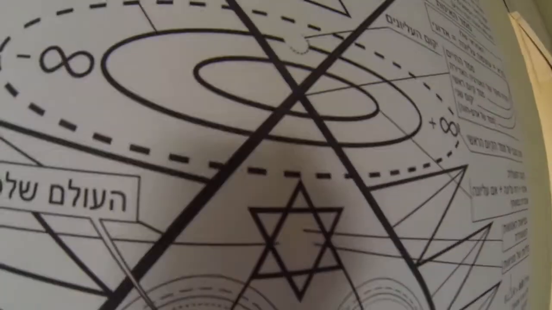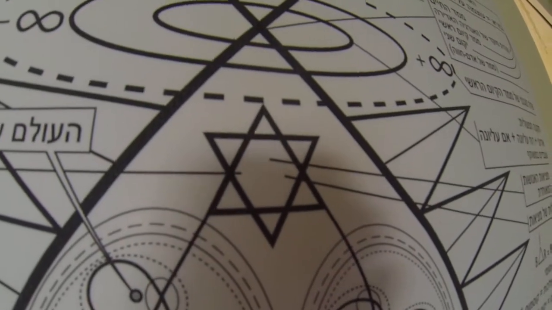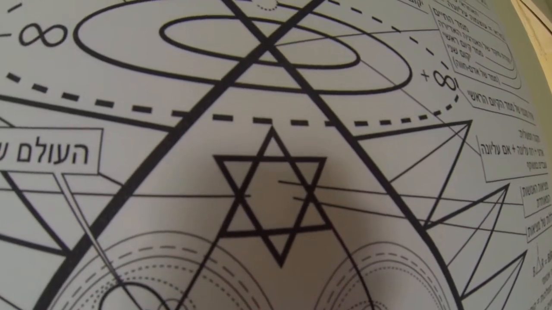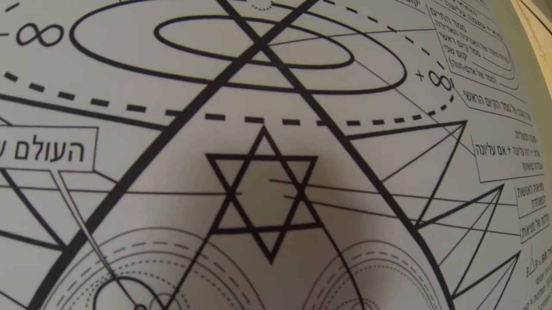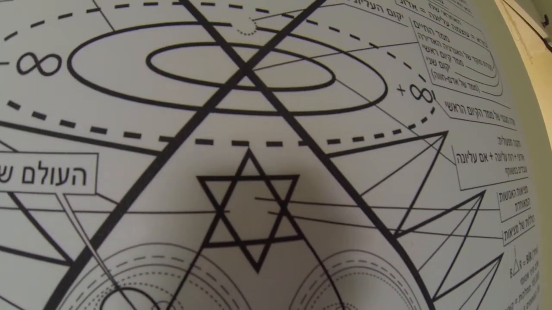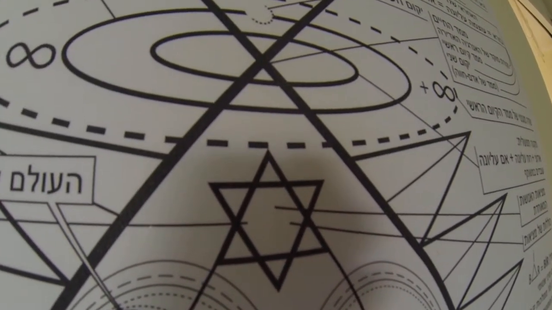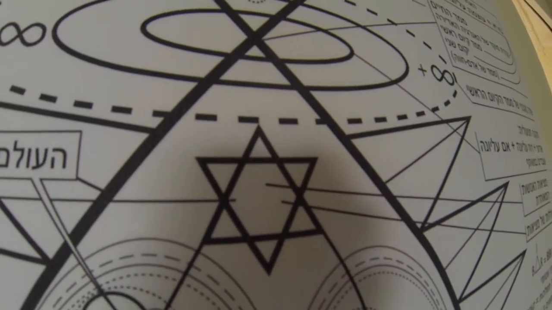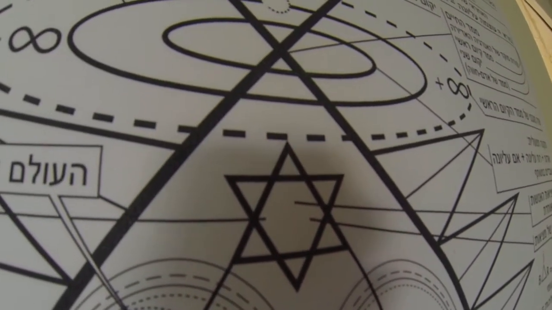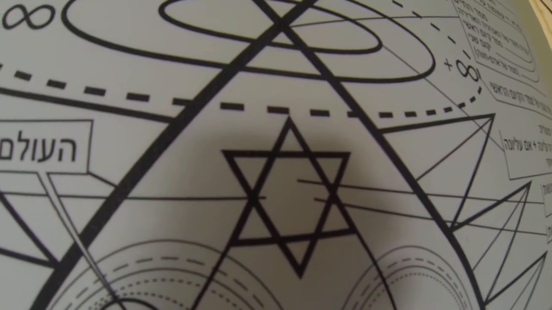So it's a combination of these two triangles. The triangle that shows us the awareness, the intelligence, and the logic, and the triangle that shows us our consciousness, our conscience, and our essence.